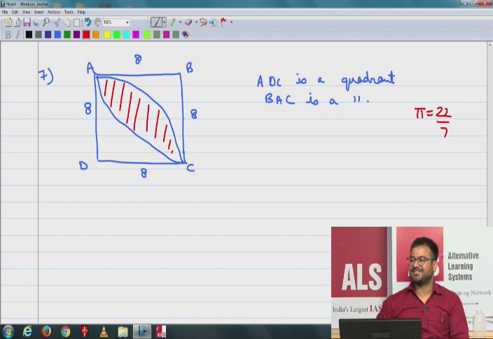Perfect answer. No, CC4, that is not the right answer. Senapati, what's your answer?